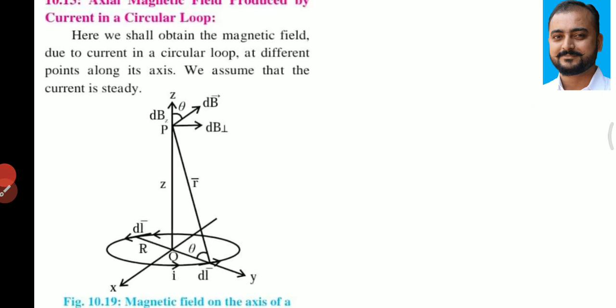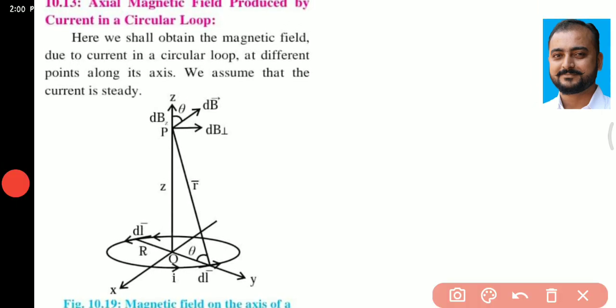It simply looks like this. This is the component perpendicular to the z axis, and this component is parallel to the z axis, so it is represented simply as dBz. Now, what happens with this perpendicular component dB perpendicular? If I take exactly the opposite element, again the two components are exactly the same.